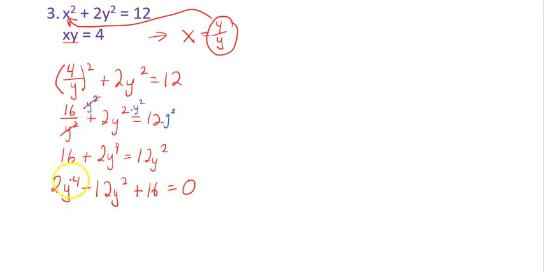If you'll notice, that power goes from 4 to 2 to nothing, so it almost factors like a trinomial. But I do notice that everything has a 2 in it, so I can take a GCF out first. So 2y to the 4th minus 6y squared plus 8 equals 0.